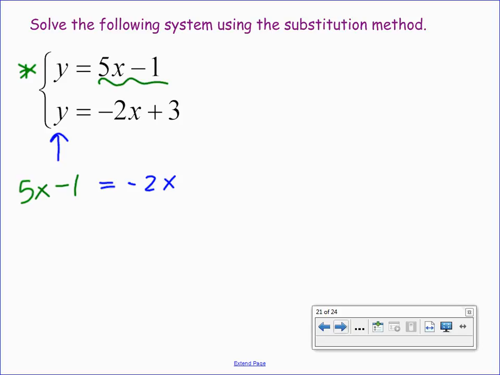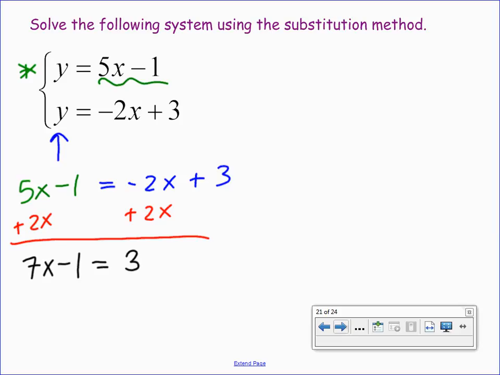That equals negative 2x plus 3, and now you see I have a single equation with a single variable we can solve. I'll add 2x to both sides. 7x minus 1 equals 3. Adding 1 to both sides gets me 7x equals 4. Oh, Grace, I'm seeing it.